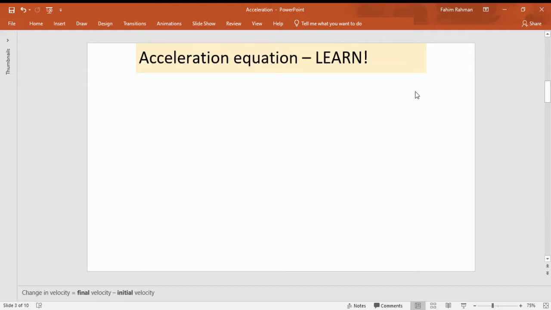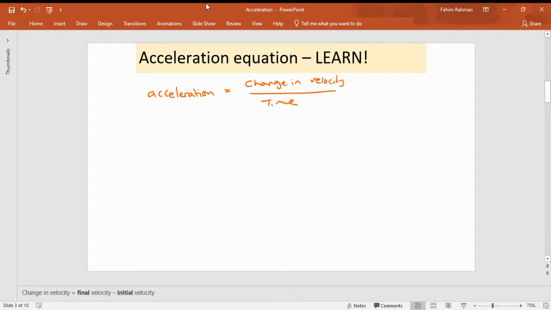Okay, so there is an equation for acceleration, and acceleration is equal to the change in velocity divided by time.